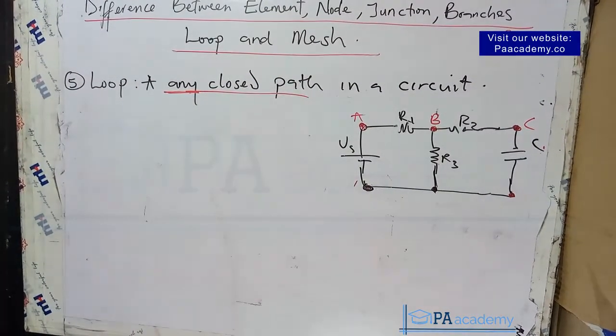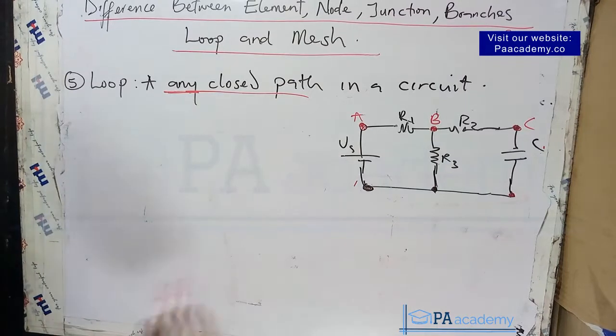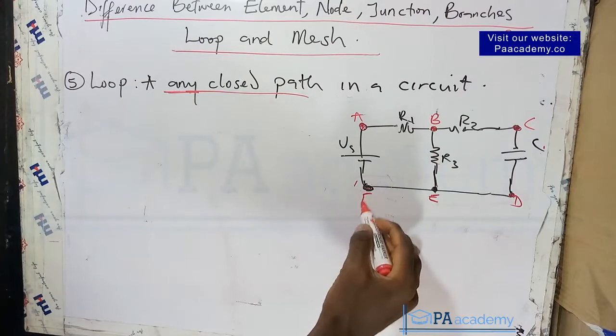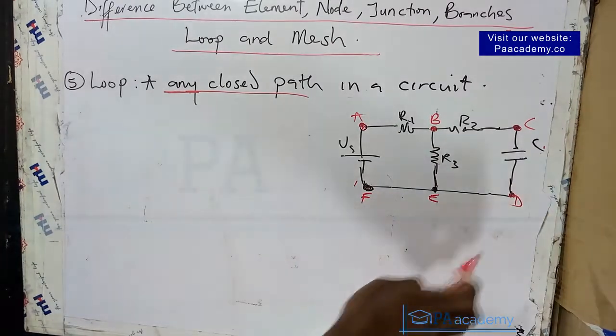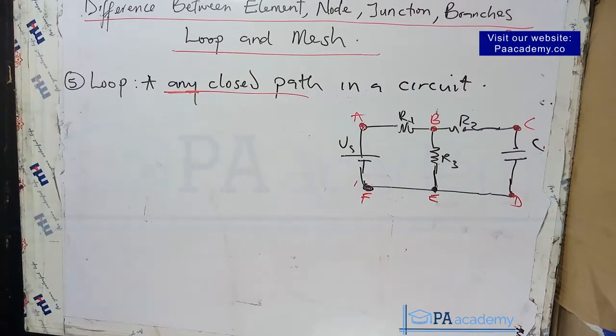Now look at this. For explanation purposes, let me call this point D, let me call this E and then F. Let's just separate it like that. Remember, earlier I picked it together as a single node, but let's separate it so I can explain this loop properly for you.